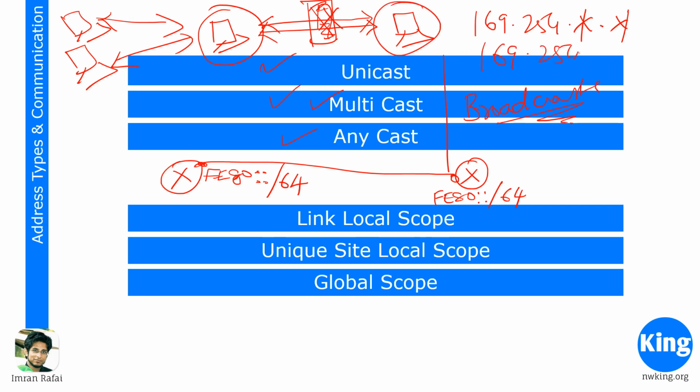Let's assume it gives the same IP address 1.1, and it sends an ARP request on the network, a broadcast asking, is there somebody with this IP address 169.254.1.1? And this device will say, yes, I am 169.254.1.1. So this device will again pick another random number, 10.10, whatever, and then again it sends an ARP, and if nobody responds, it says, okay, I'm going to take this IP address of 169.254.10.10.